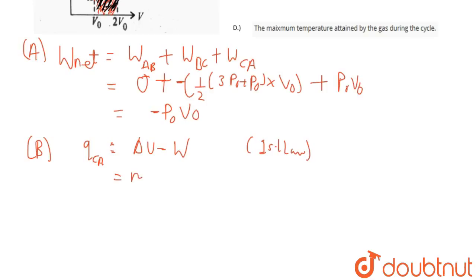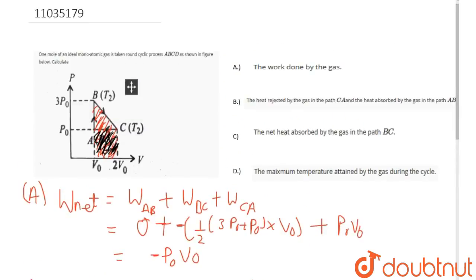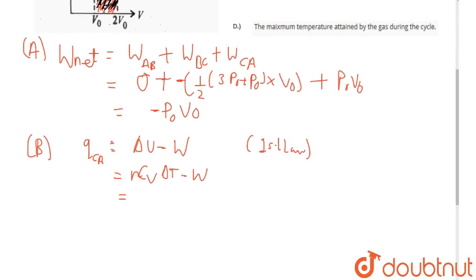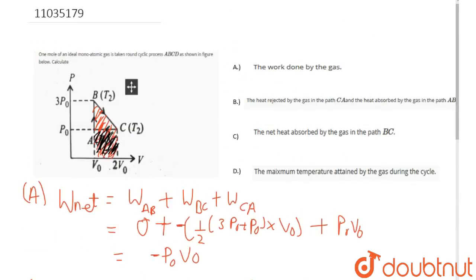So delta U is n Cv delta T minus work done. And if you clearly see the temperature, the change in temperature here is, the temperature at A is T1 and the temperature at C is T2. So the difference is T1 minus T2. And according to the question, it's given 1 mole of a monoatomic gas.